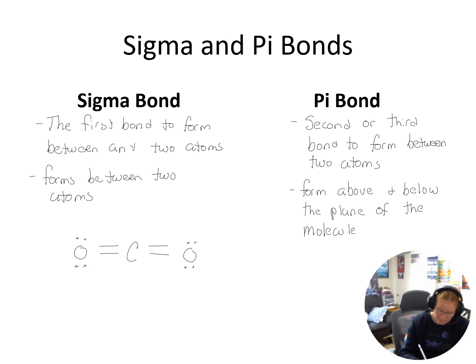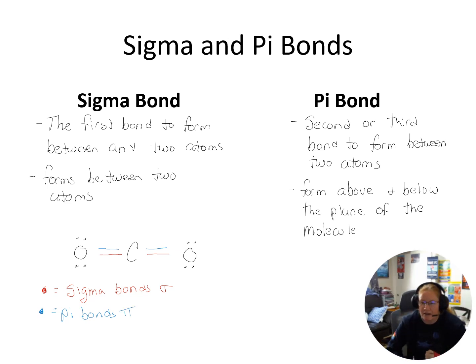I'm going to erase my bonds here and color code. I'm going to put these 2 red bonds, and my red is my sigma, and in blue is my pi. Sometimes when we are writing out a molecule, we might write a sigma or a pi.